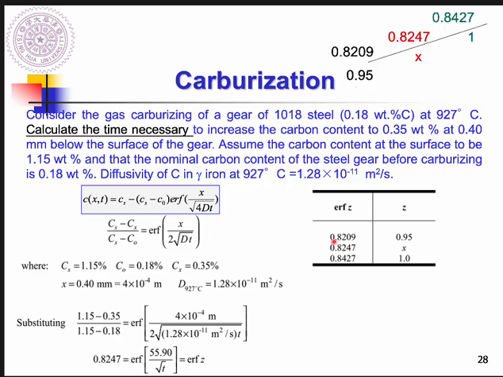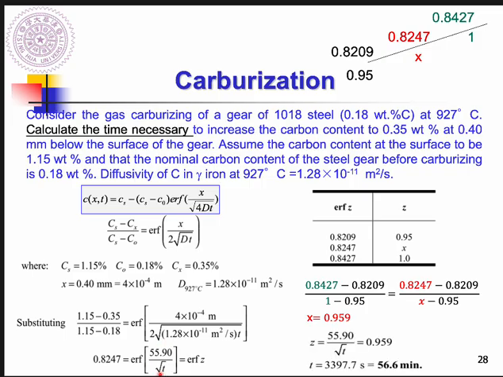You just write down the interpolation: 0.9 corresponds to 0.7969 and 0.95 to 0.8209, and so on, related to 1. So it's easy to get z equal to 0.959.